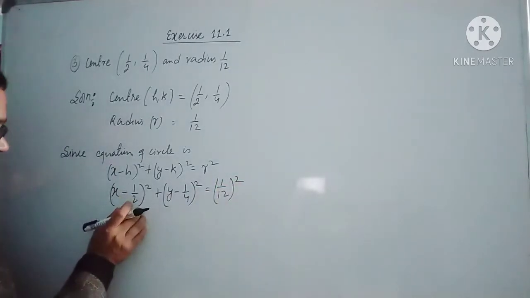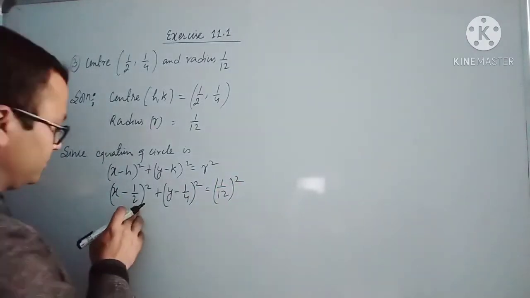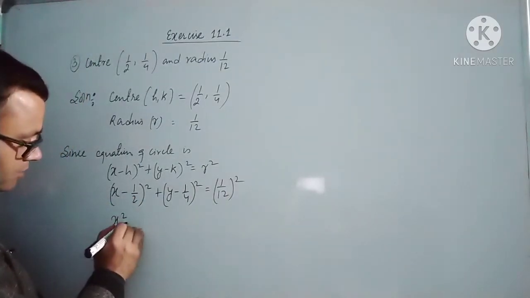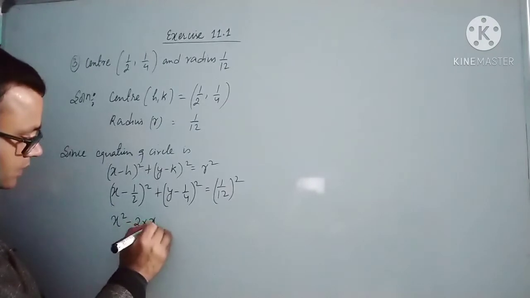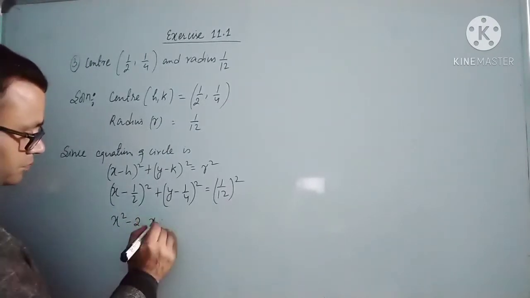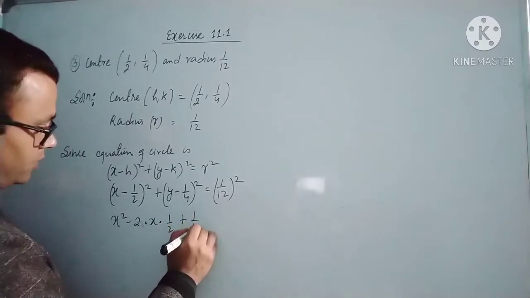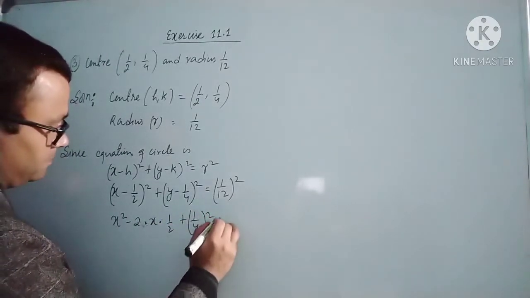So it is in the form of (a - b)². So (a - b)² is a² - 2ab + b².